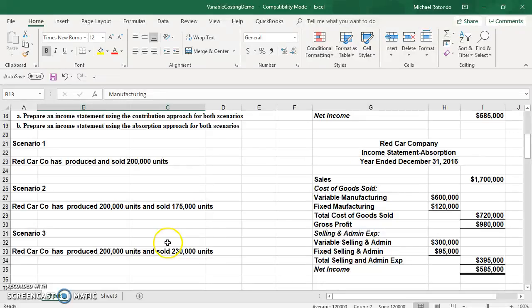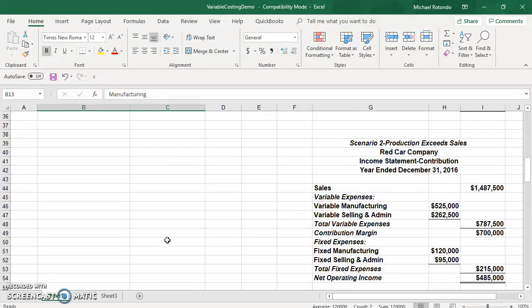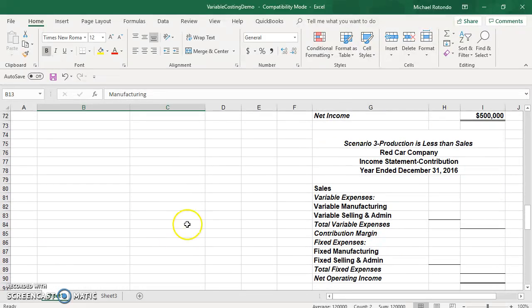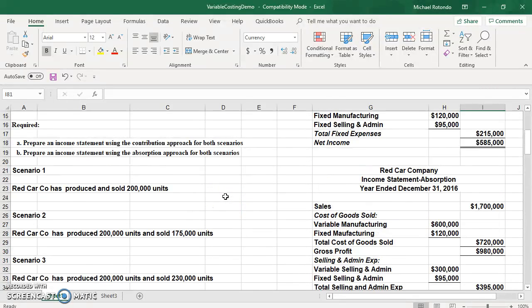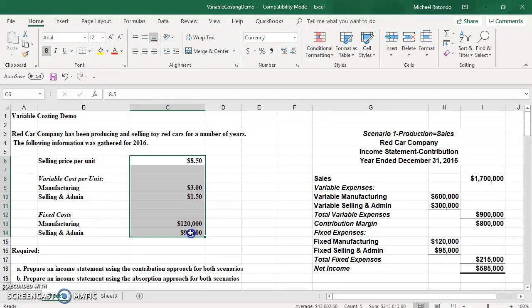So we sold 230,000 units. So if we go down here where we have production is less than sales, our sales are 230,000 units. We have the same $8.50 for sales. So that's $1,955,000. And if you recall, we're getting this information right here, right? Okay.